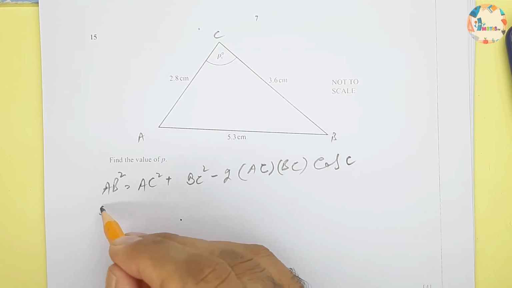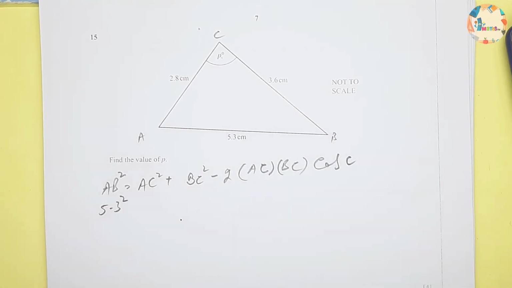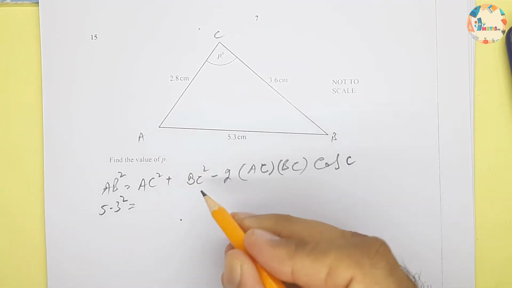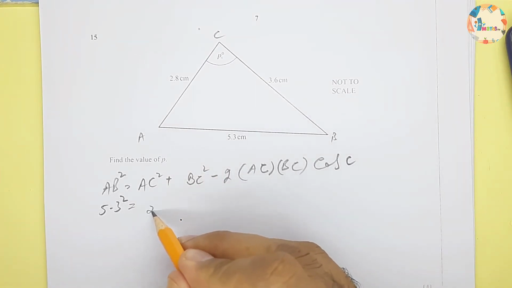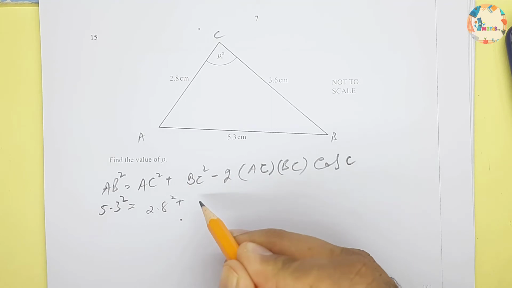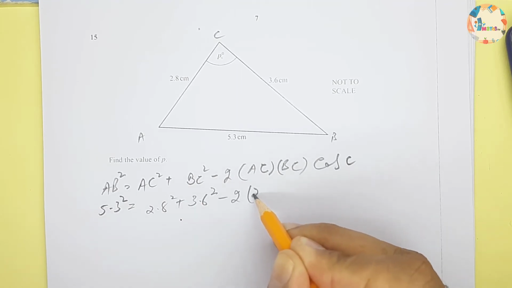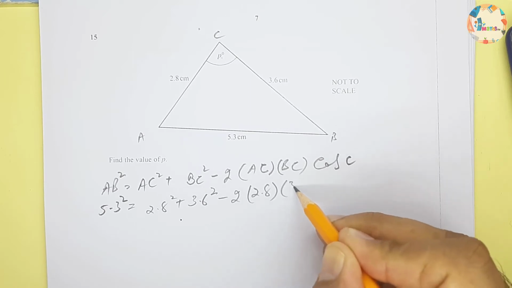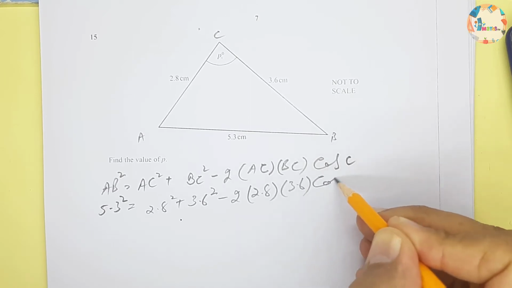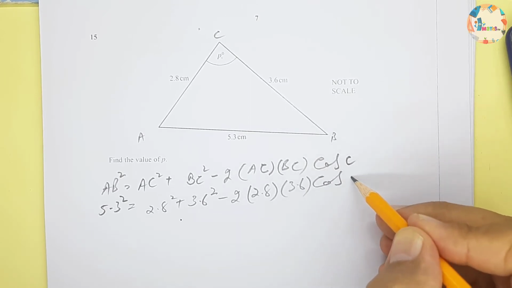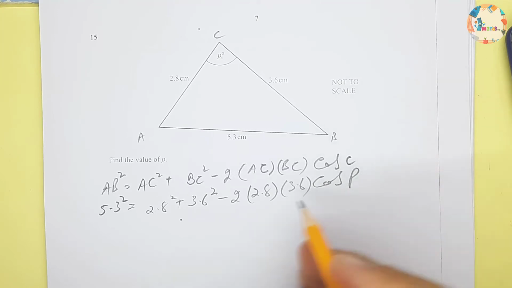This will be 5.3 squared equal to AC squared, meaning 2.8 squared, plus 3.6 squared minus 2 into 2.8 into 3.6 into cos of p. So we can write it here.